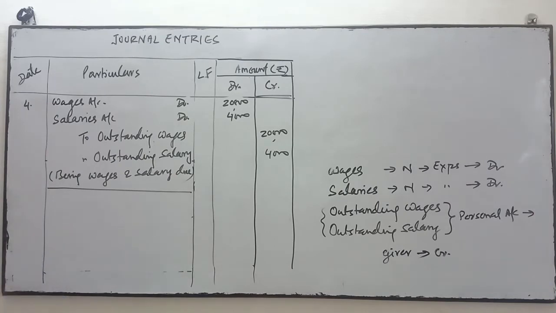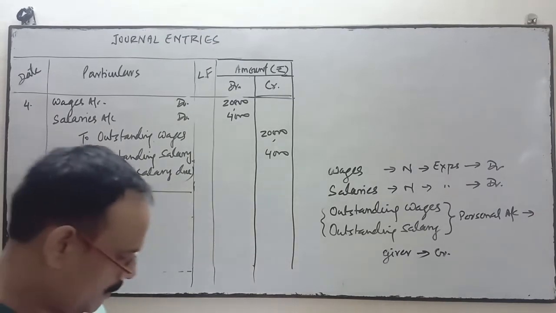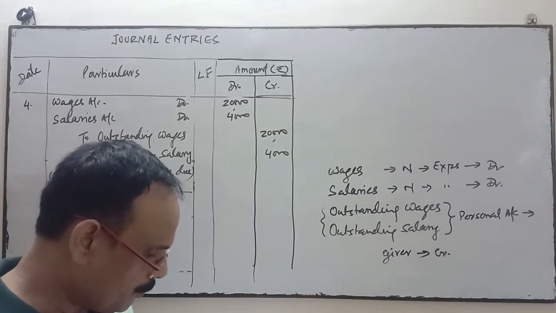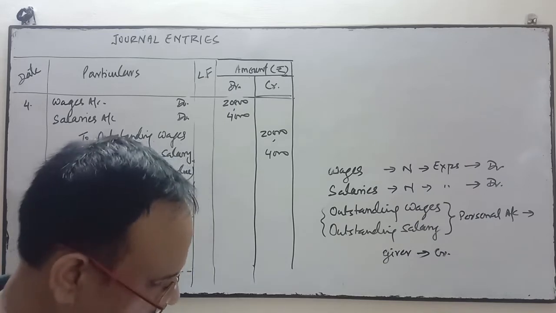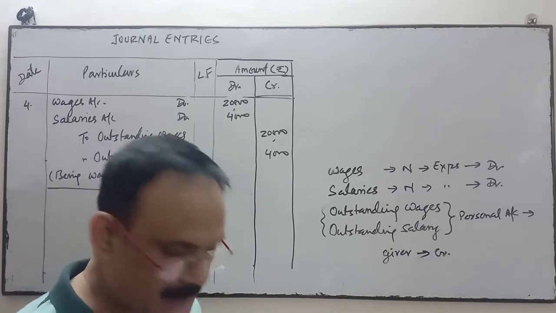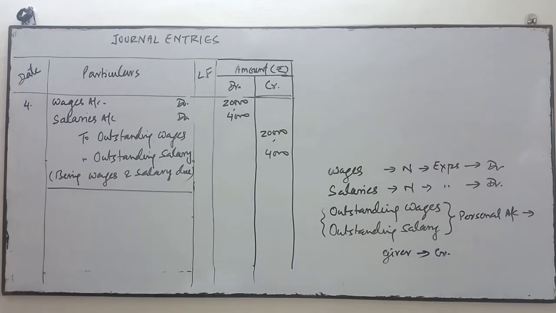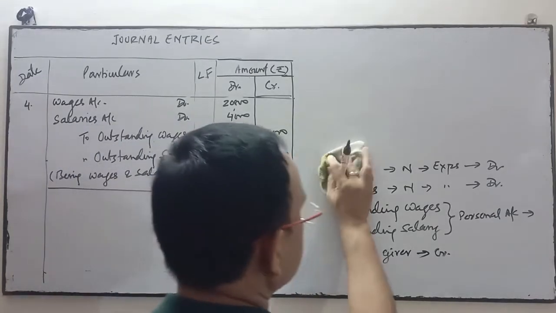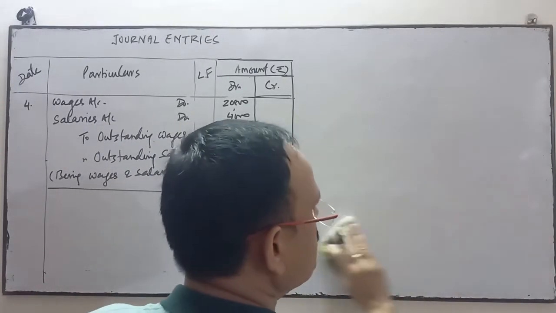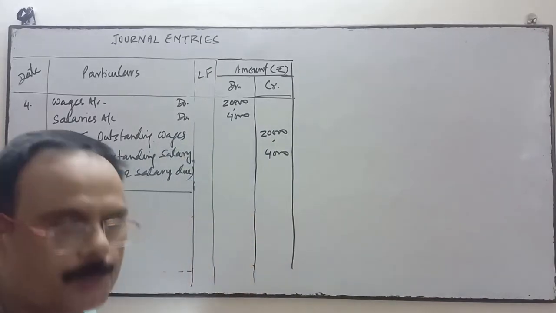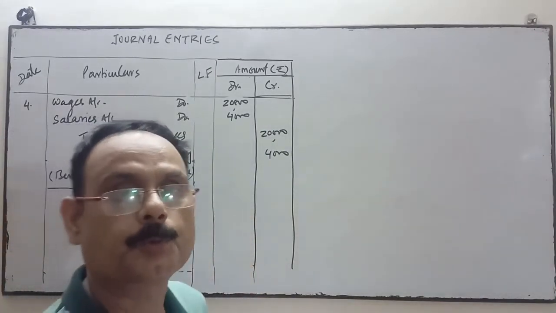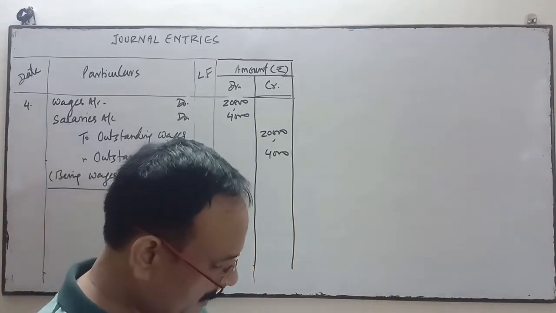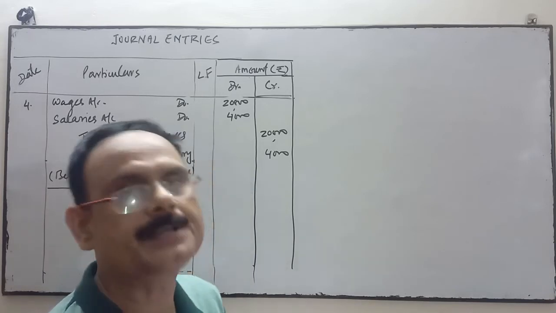Okay, next transaction: purchased furniture for rupees 6,000 for the proprietor and paid the amount by check. We have purchased the furniture, but for whom? Purchased for the business or for the proprietor's personal use? Here the furniture is purchased for the proprietor.